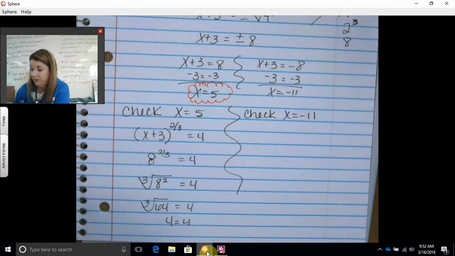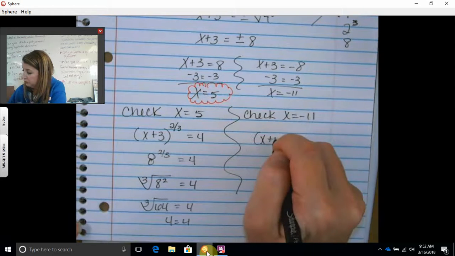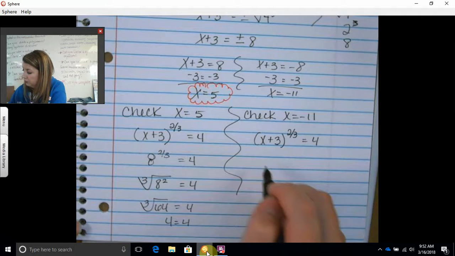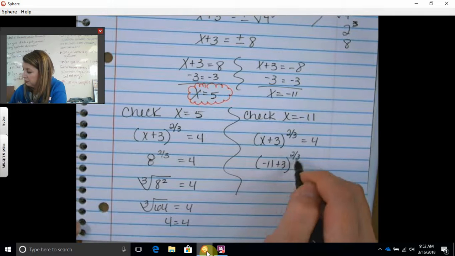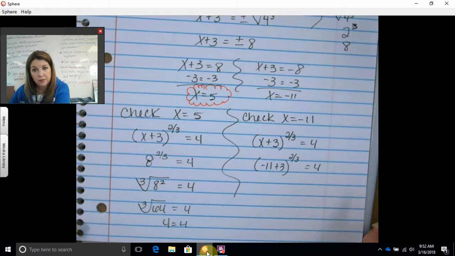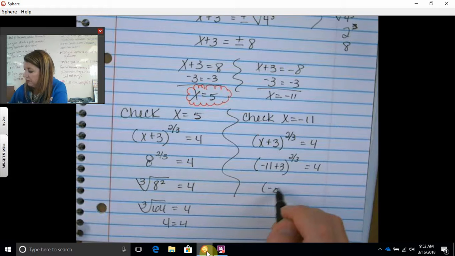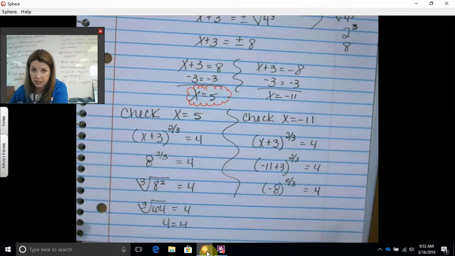Let's see if negative 11 is a solution. Negative 11 plus 3 is negative 8. Just because we see that it's negative, don't automatically assume, because this is a cubed root.